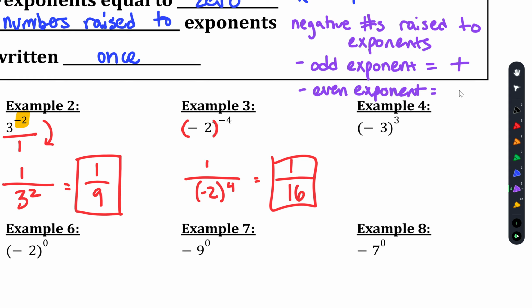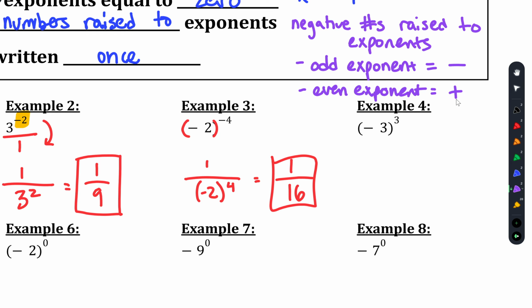Oh, sorry, I did that backwards. This is supposed to be a negative. I just wrote it backwards. There we go. That's fixed. So a negative 2 raised to the 4th power is going to get me a positive 16 because that 4 is an even number. If it was negative 2 raised to the 3rd power, we would get a negative.